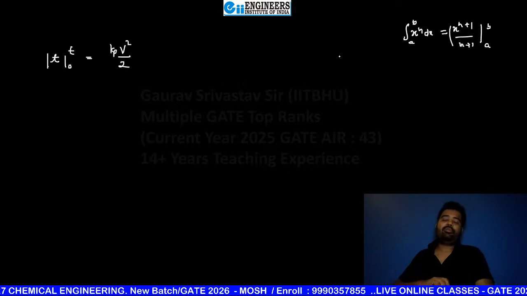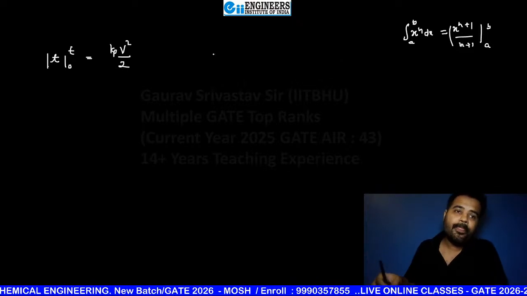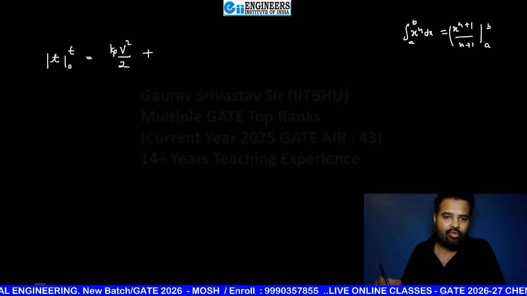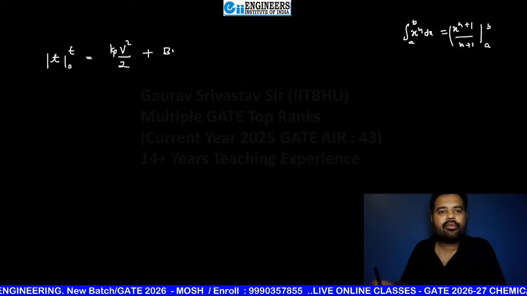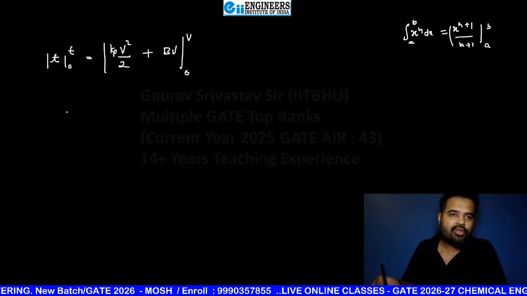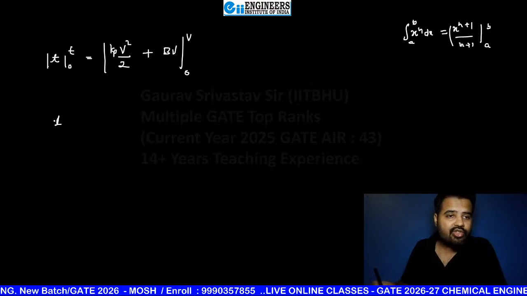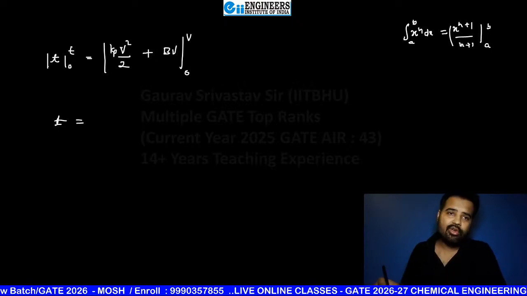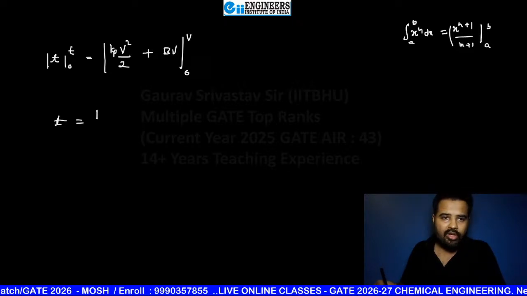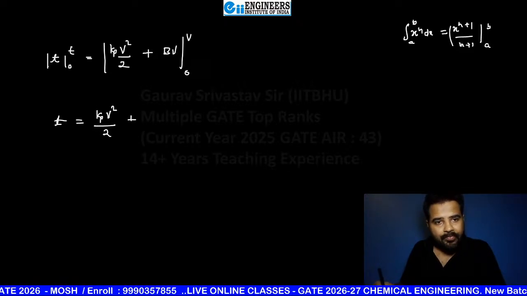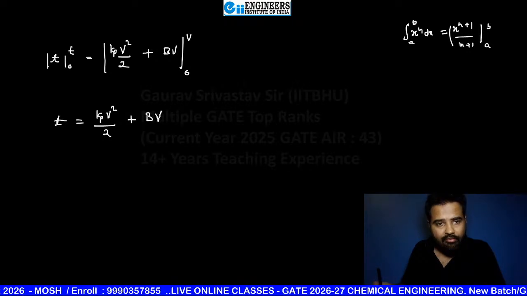So v^(1+1), v square upon 2, and plus here b, so it's b into just v, and here limit is 0 to v. So t minus 0 will give you just t, and the lower limit will not exist here because it will give 0. So the equation that you are getting is Kp v square by 2 plus b v.